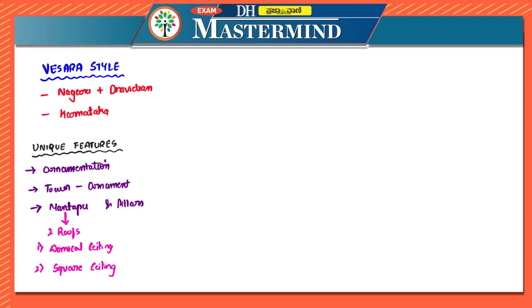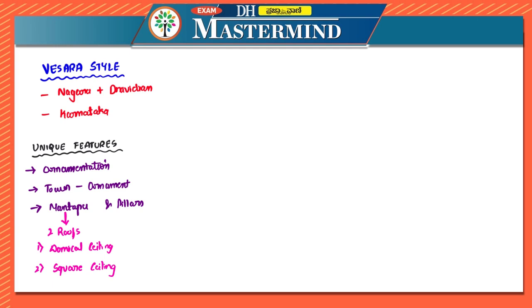So this was the unique feature. And the second one is pillars. So the miniature decorative pillars of Chalukyan temple stand with their own artistic value.